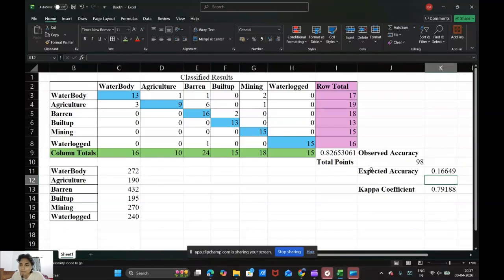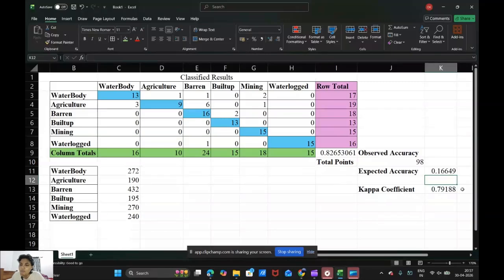So considering that expected accuracy, which I should also call chance accuracy, which is 16.5% almost, and my actual accuracy, if you remember, was some 82 or 83 like that. Then I want to know the actual accuracy. I want to neglect this expected accuracy, get rid of whatever accuracy came by chance, and I want to know the correct accuracy. That is kappa coefficient accuracy.